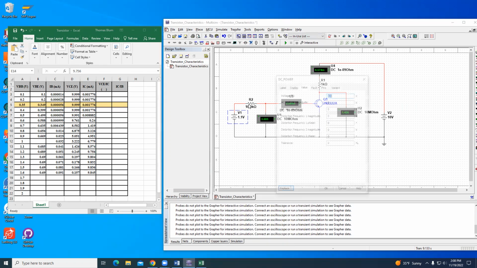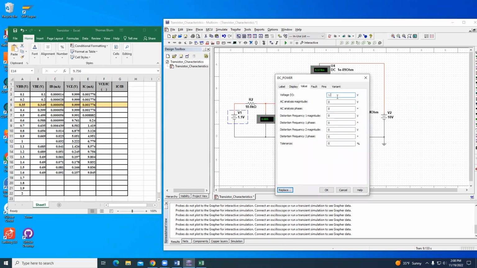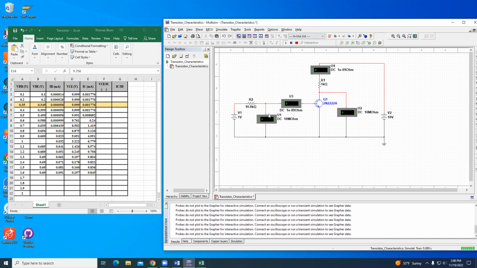That 1 volt results, where I've got the wrong number for this voltage, 0.678, and the 0.032, the others were right.